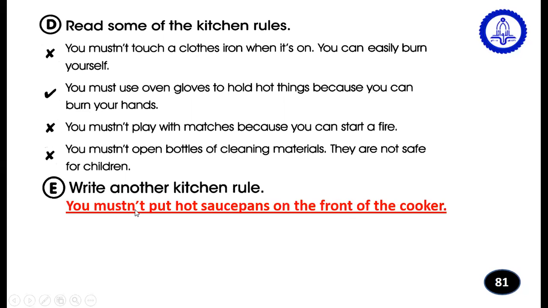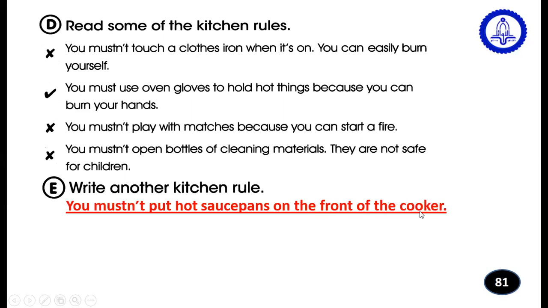First, you mustn't put hot saucepans on the front of the cooker. طبعا نستخدم هذه القوانين by using mustn't and must لأن هذه قوانين ملزمة. يجب أن لا تضعوا القدور الساخنة في مقدمة الطباخ.